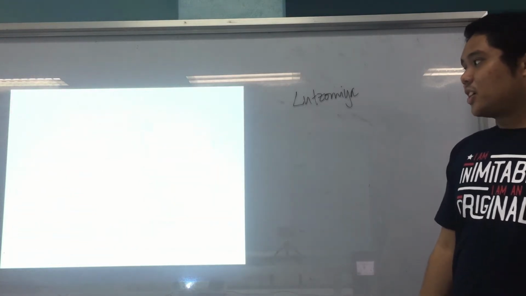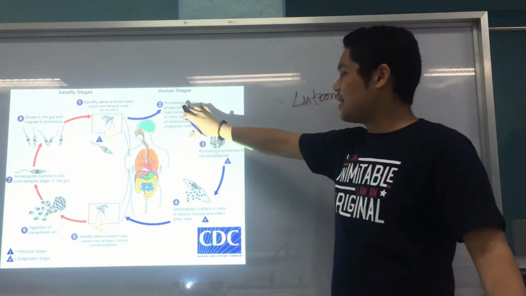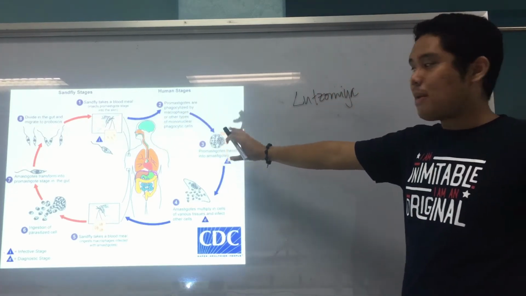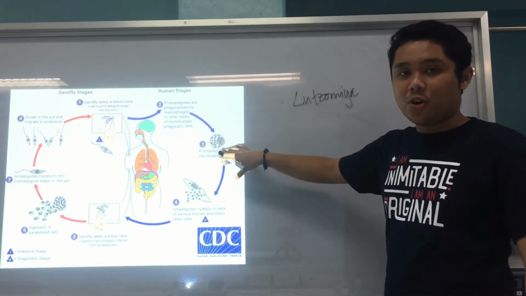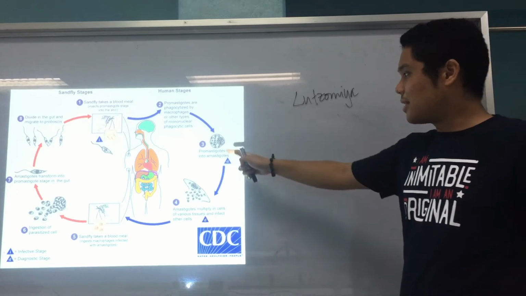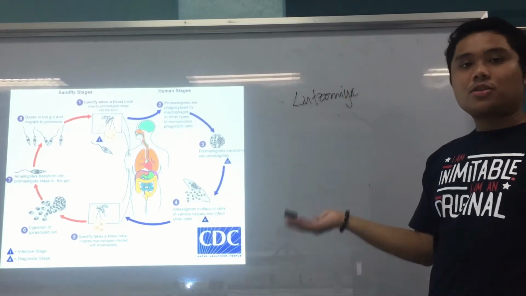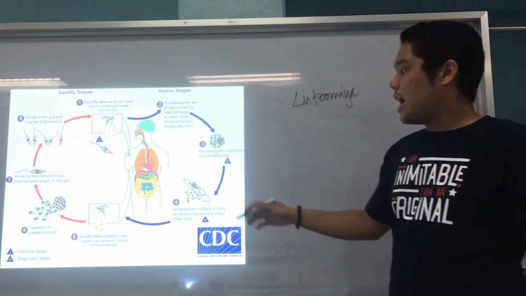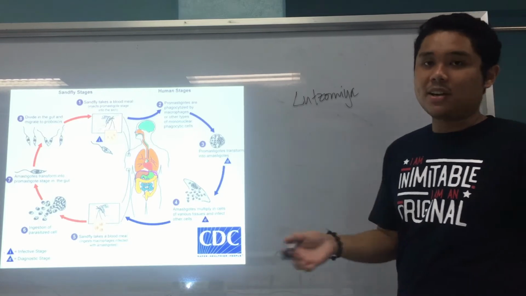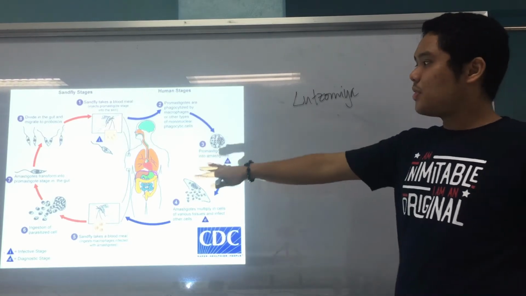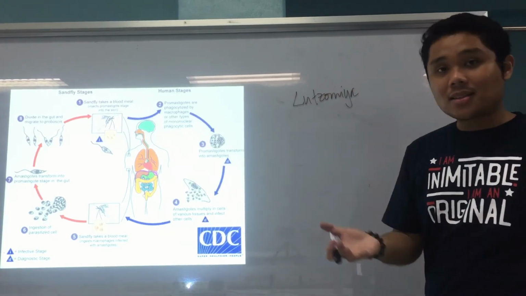So here's your life cycle. As you can see, sandfly injects promastigotes. Your promastigotes are phagocytized or eaten by your macrophages. The promastigotes inside your macrophages will convert into your amastigotes, and the amastigotes will multiply in the cells of various tissues and infect other cells. And your amastigotes will then go to your bloodstream, your blood vessels, and then once another sandfly takes a blood meal in the patient, it takes in the amastigotes.